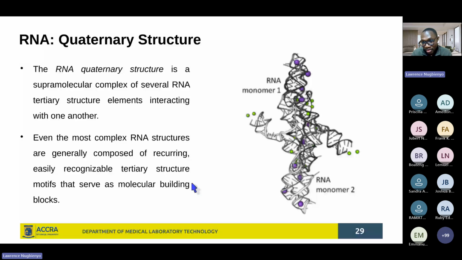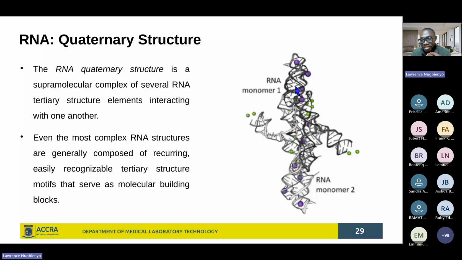The same way in RNA, you can have RNAs with tertiary structures, which are like monomers, and they come together to form a complex to carry out a specific function. That's a quaternary structure of RNA.